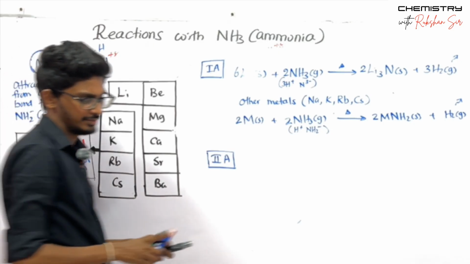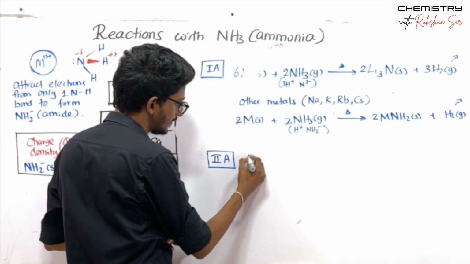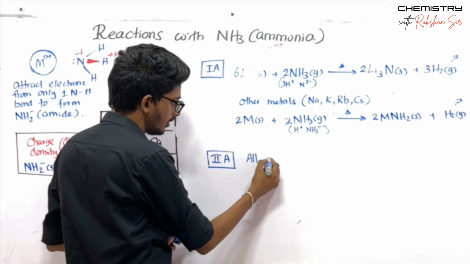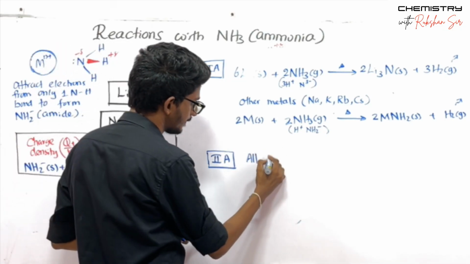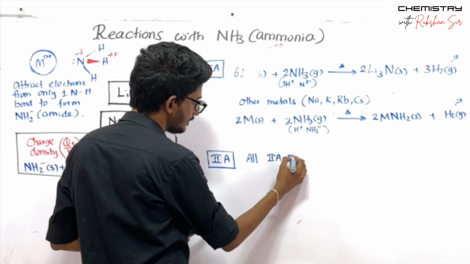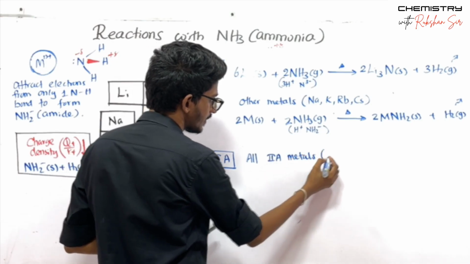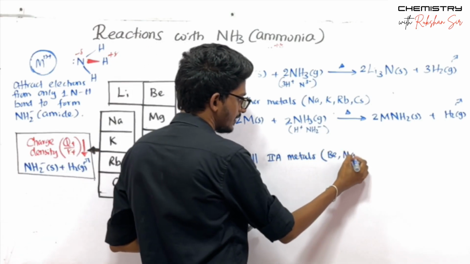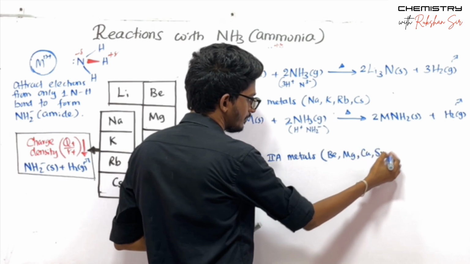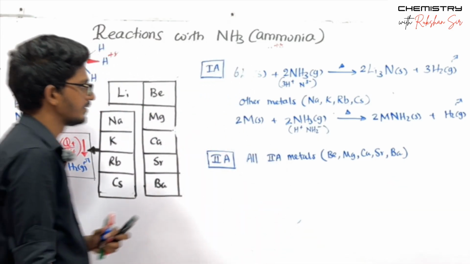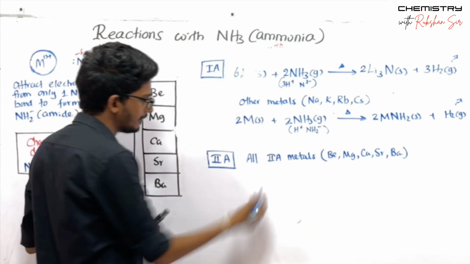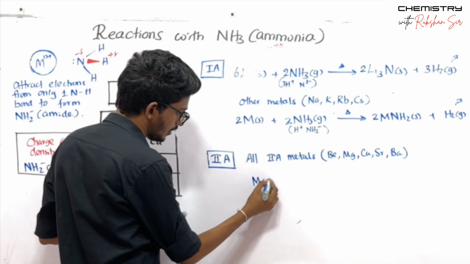So all 2A metals: beryllium, magnesium, calcium, strontium, barium. We can consider M as the general form of the 2A metal.